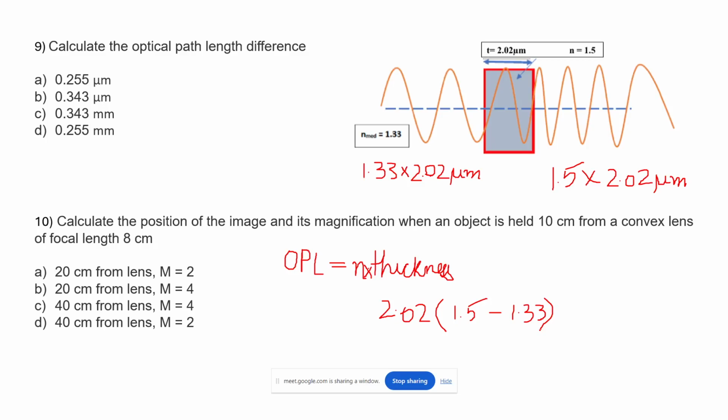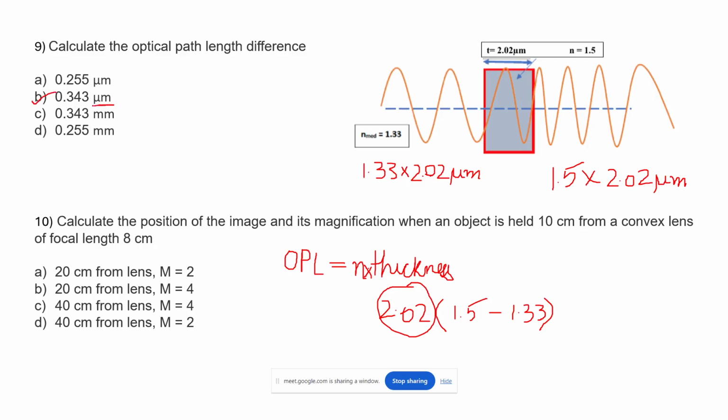So this is 0.17. Then we'll multiply it by 2.02, so it comes to around 0.3434, and the unit will be that of 2.02, which is micrometer. So option B will be the correct option, that is 0.343 micrometer.